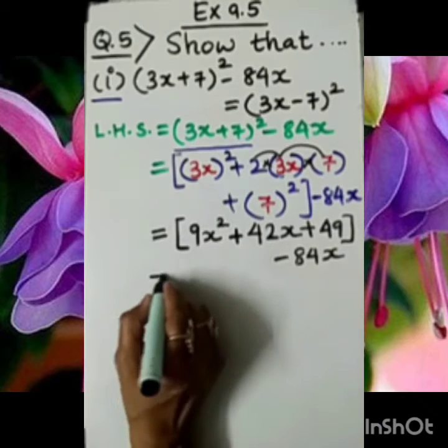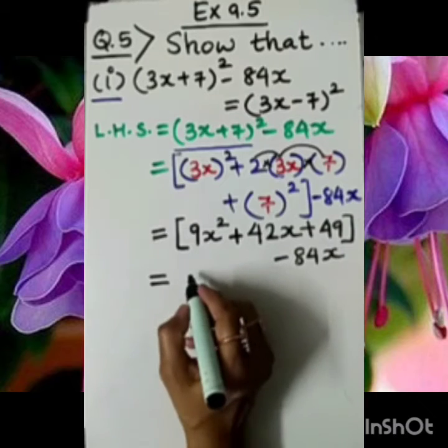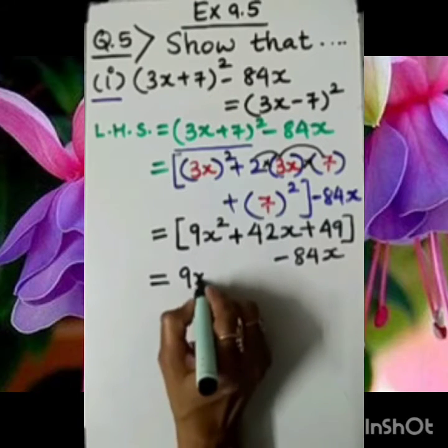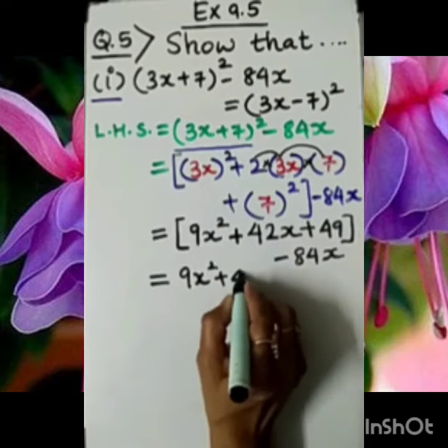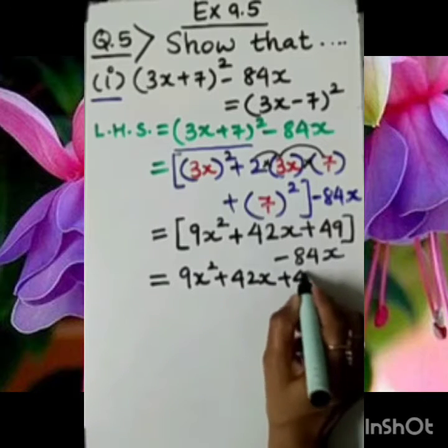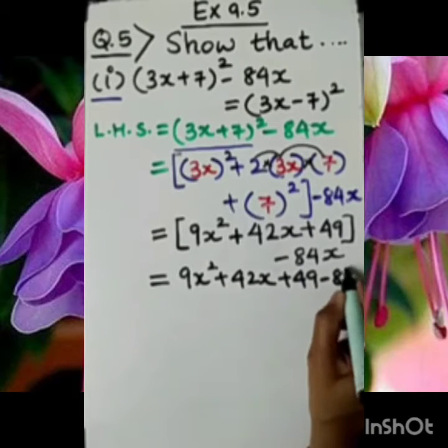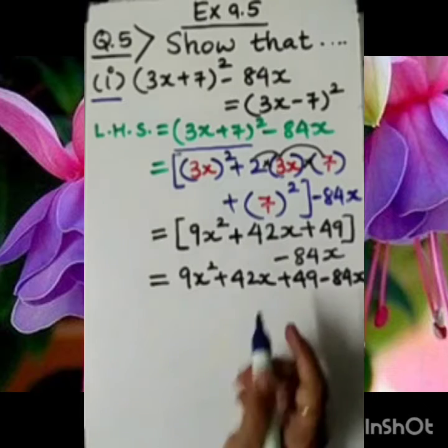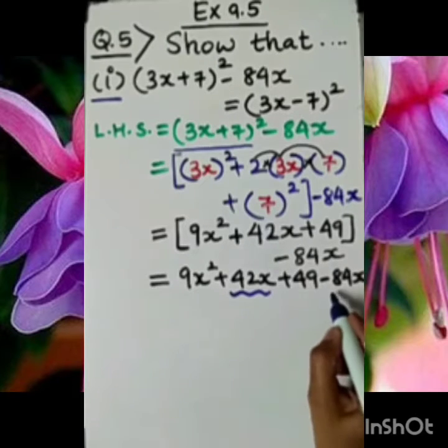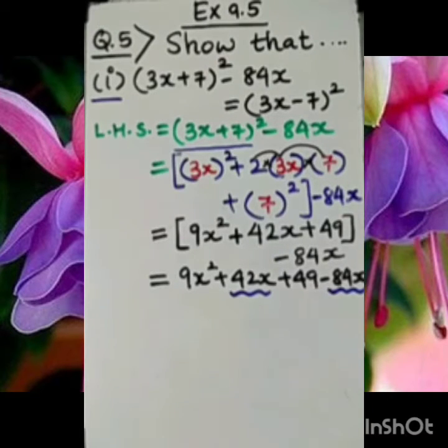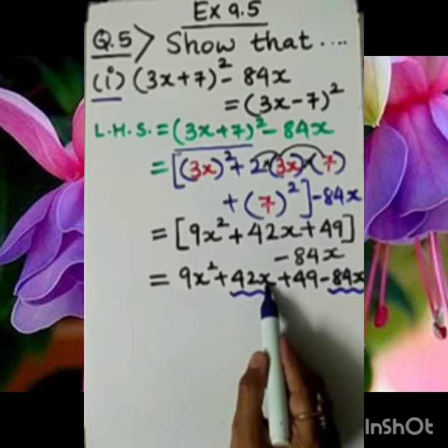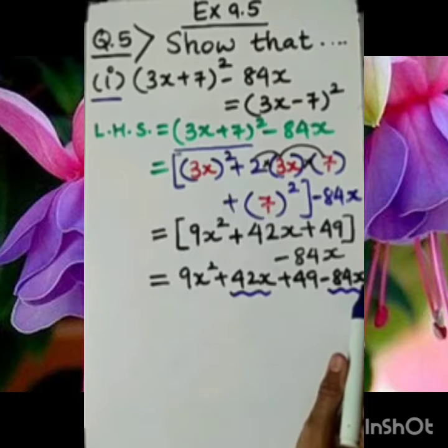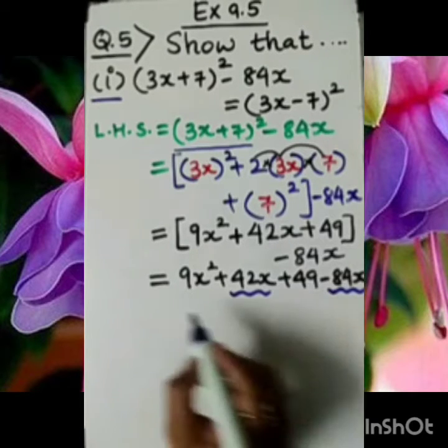Let me open the bracket. If I open the bracket, then 9x square plus 42x plus 49 minus 84x. Now, after opening the bracket, we can see these two terms are like terms. Why? Because this term has the x variable and this term also has the x variable. So let's work out.